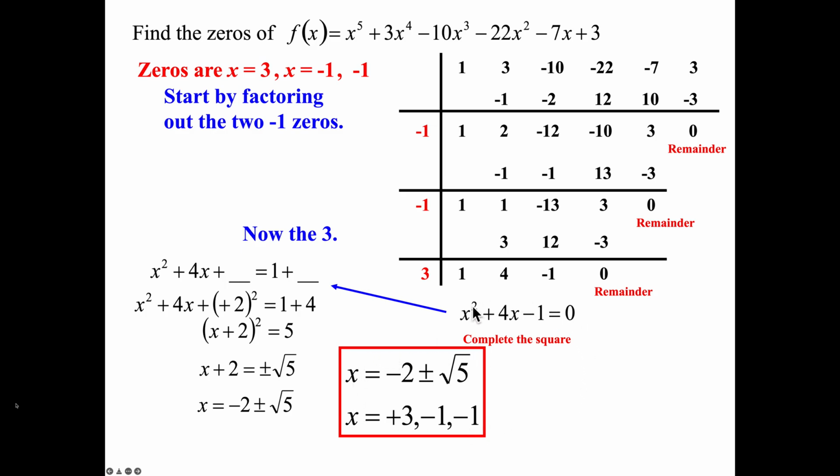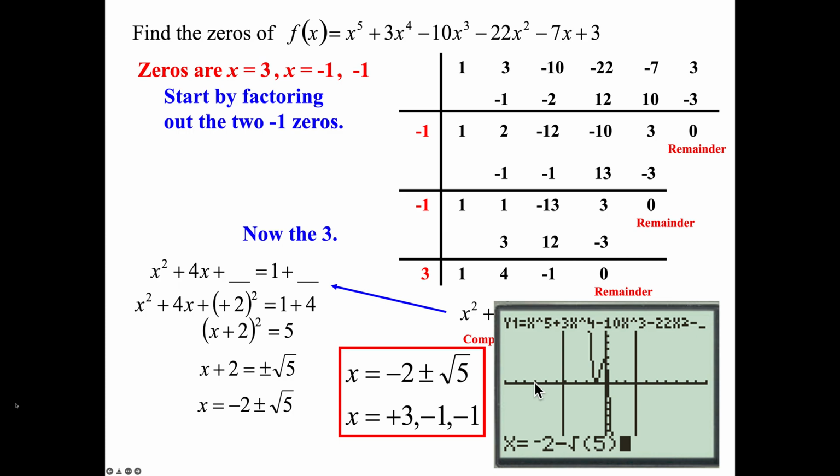Now, if you want to double check to make sure these two answers are correct, all you have to do is test one of them. So go back to your graph, and I'm going to type in -2 minus the square root of 5. That should be this 0 right here, because here's -2, and then minus takes me to the left right here.